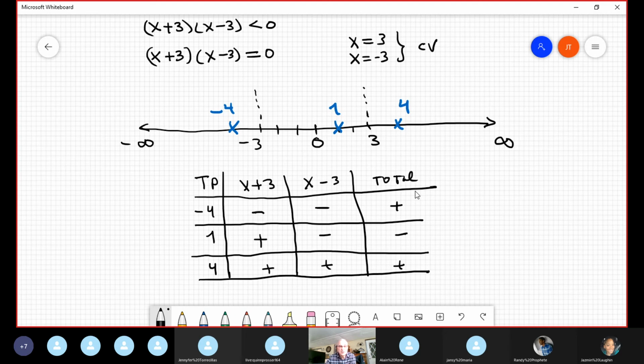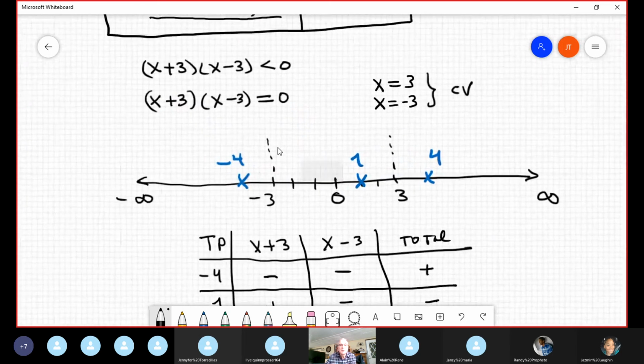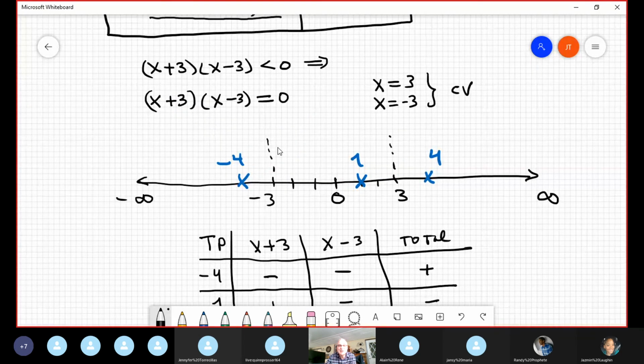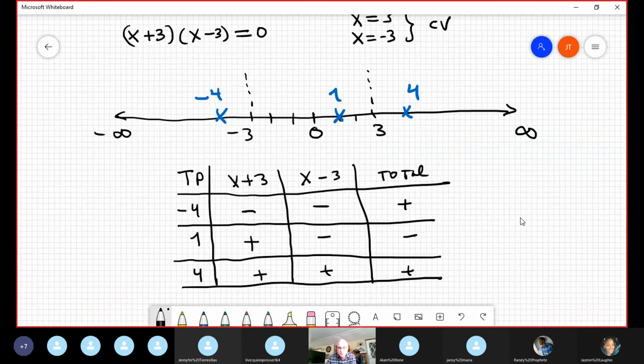Okay, now I come back to the beginning. My inequality is less than 0. Look at that. Less than 0 is equivalent to the sign negative being true. And the only one that is negative is that, true here, because the interval belongs to the solution. So basically, the solution of our inequality is like that.